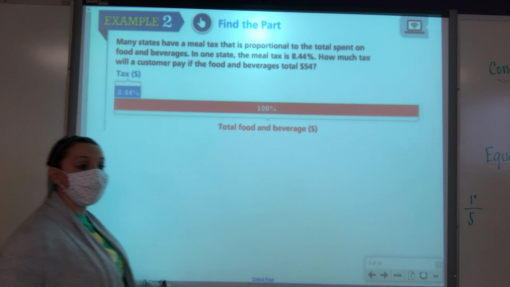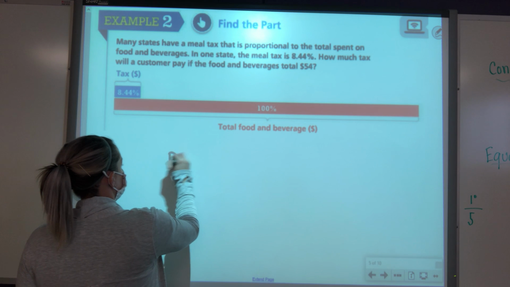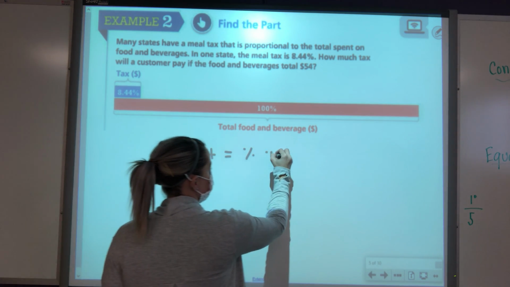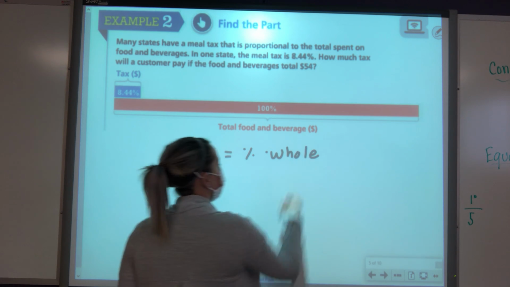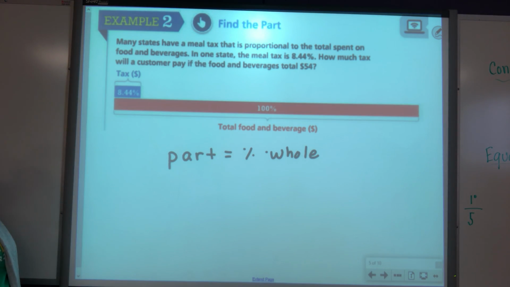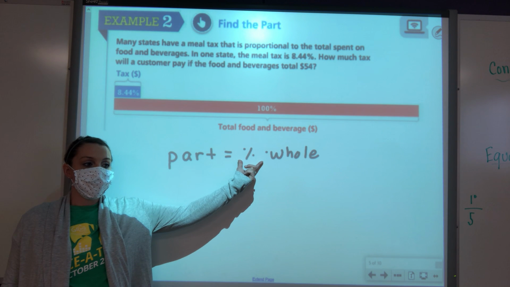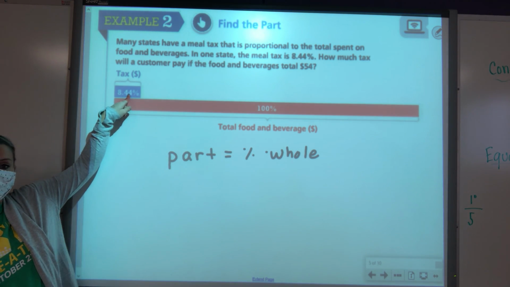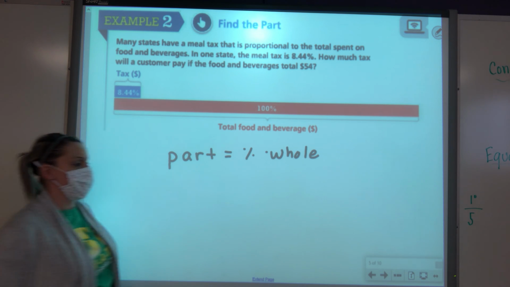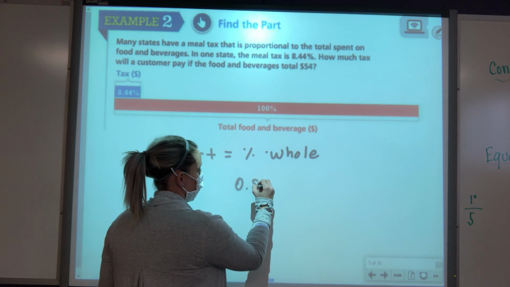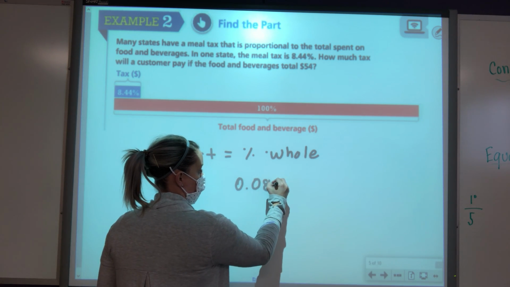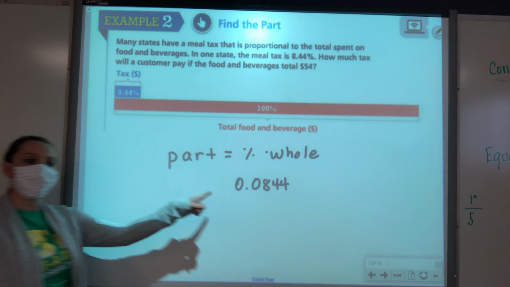So if we're thinking about our percent equation, part is equal to the percent times the whole. Do we know the percent? Yeah, the percent is, okay, so our percent is going to be this. How did I know that that's my percent?